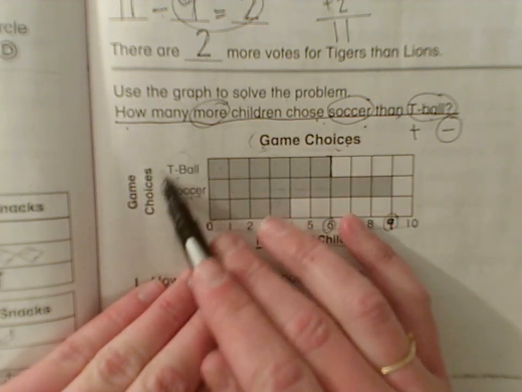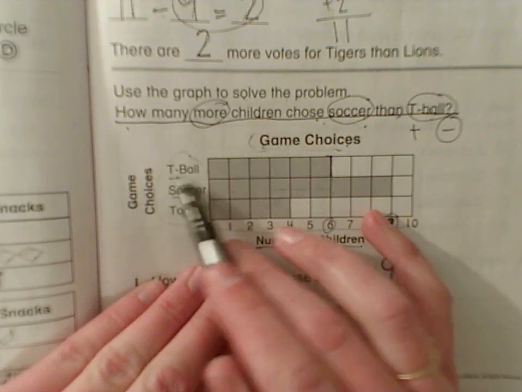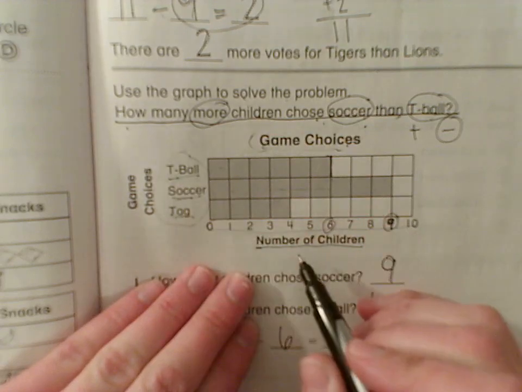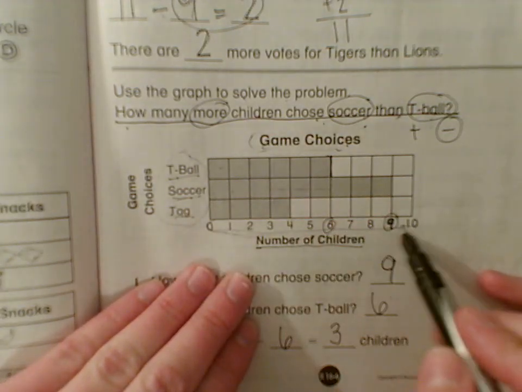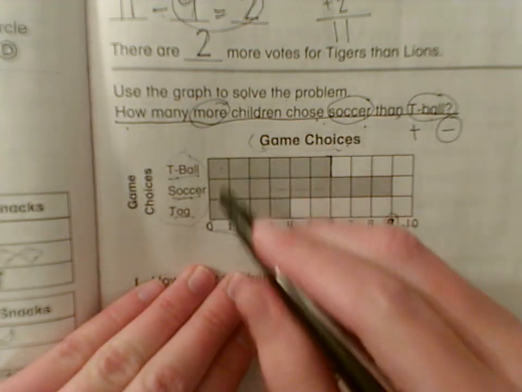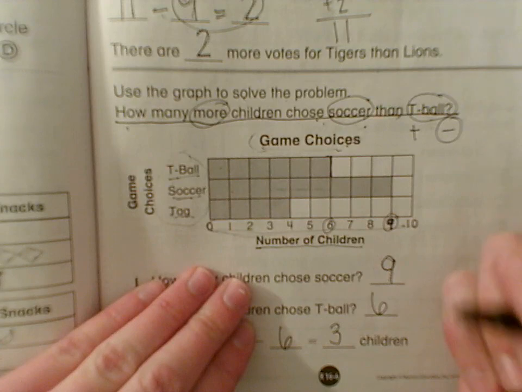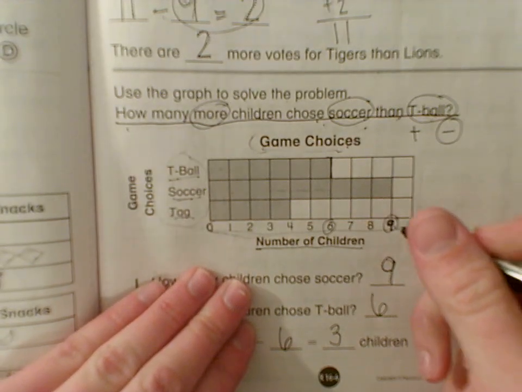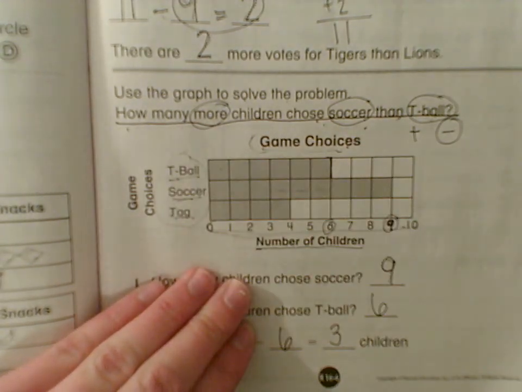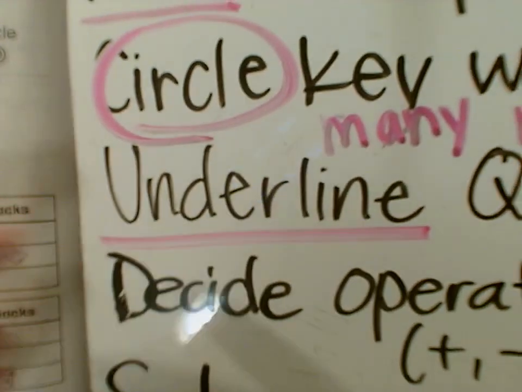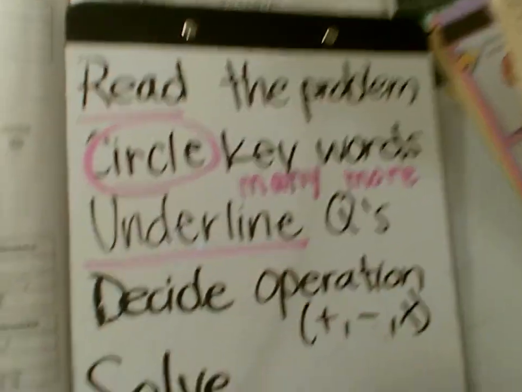And you can see the 3 game choices on the side. It was t-ball, soccer, and tag. And then at the bottom, it tells you the number of children that voted for each of these games. Okay, so I want to use my problem-solving skills that we went over in order to solve the problem.